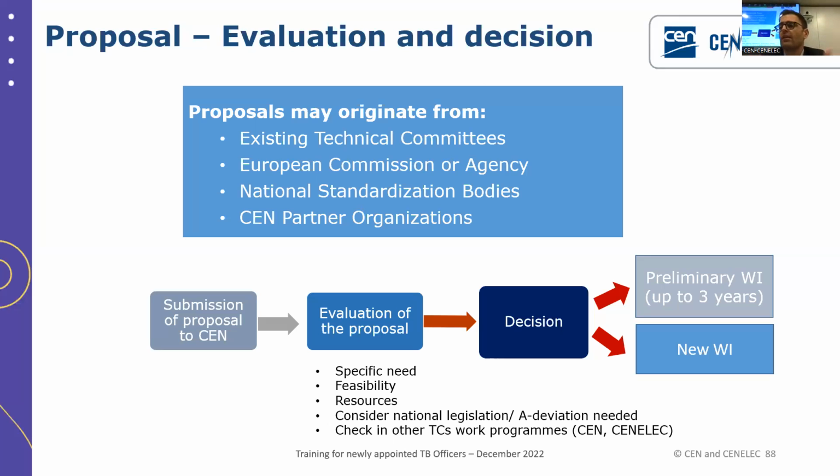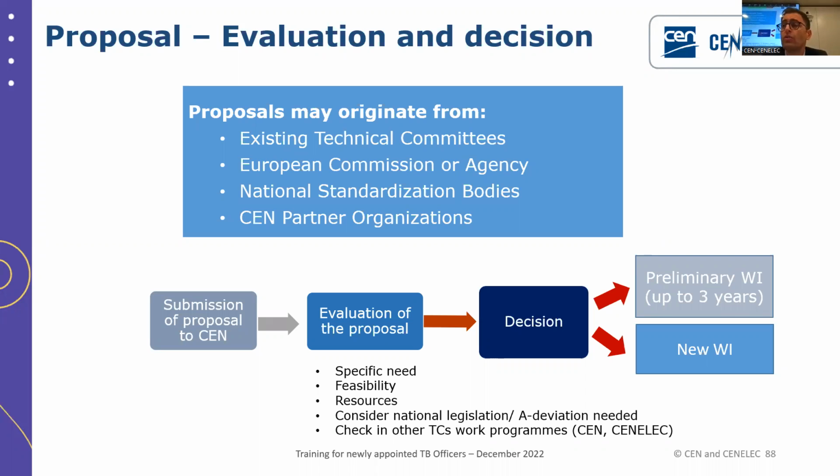Normally, this is via the approval of a new work item. Another possibility would be to do it through the preliminary work item. The preliminary work item has a lifespan of 3 years. It could be quite useful to go first with the preliminary work item in case the work is still premature and the TC does not want to be bothered with deadlines to submit the documents to inquiry and formal vote, and there is a lot of time still needed to have a decent draft to start the work.